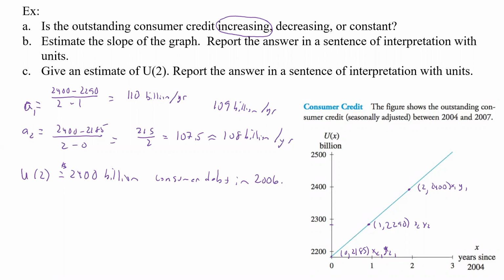You have to remember what your units are. This is years since 2004. So it's 2 years since 2004, which gives us 2006, and these are in billions of dollars. All right, so that should give us that. And again, between the 2 points, averaging 109 billion per year, that's reasonable as far as using that as your slope.